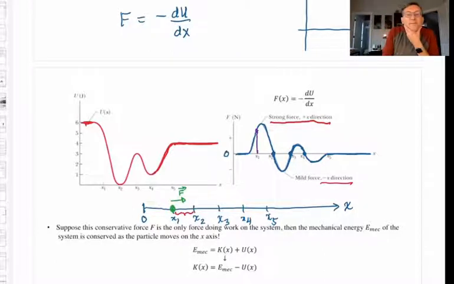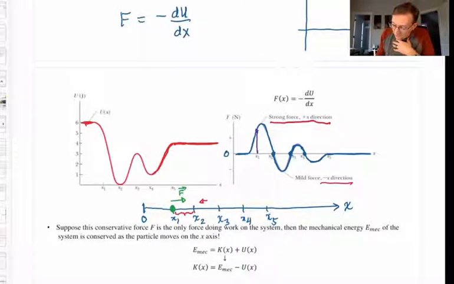Then what happens after it passes through x2? Well, between x2 and x3, the force is negative. So I'll draw a representative force. It's not quite so big as it was before. I'll draw it in the negative x direction, representing the force between x2 and x3.